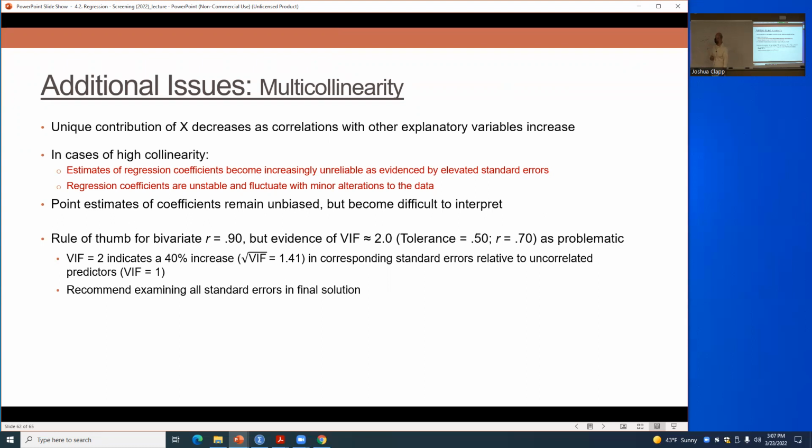Some simulation research suggests that variance inflation factor of even as high as 2 starts to become problematic, right? Remember that variance inflation factor is giving us a sense for the impact on the standard errors, right? You've got a 40% increase in standard errors relative to a case where you would have uncorrelated predictors if you have a VIF of 2, okay?